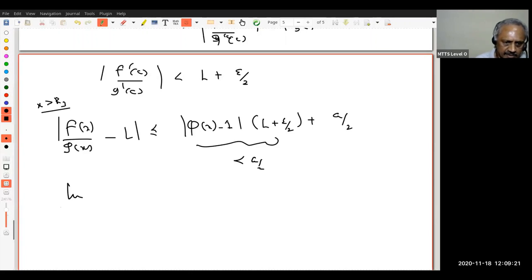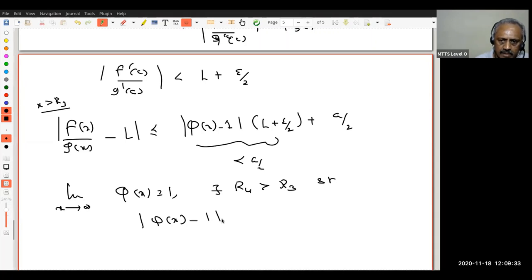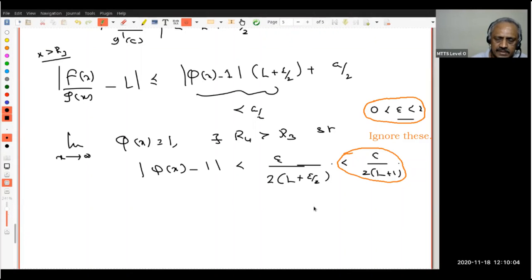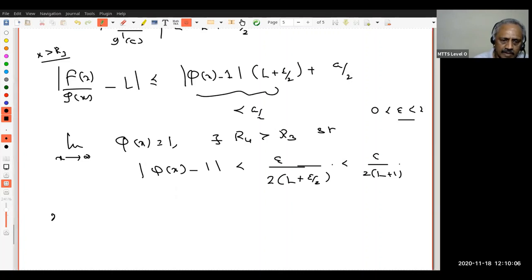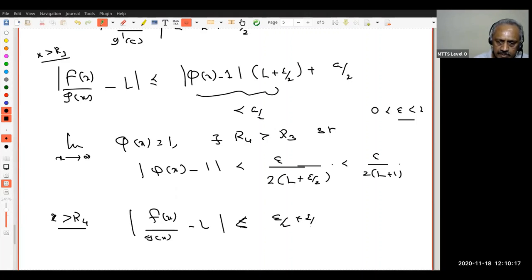Since the limit as x goes to infinity of φ(x) equals 1, there is an R4 greater than R3 so that |φ(x) − 1| is less than ε/2 into (L + ε/2). Therefore, for all x greater than R4, I have |f(x)/g(x) − L| less than ε/2 + ε/2 equal to ε. So we have proved it.